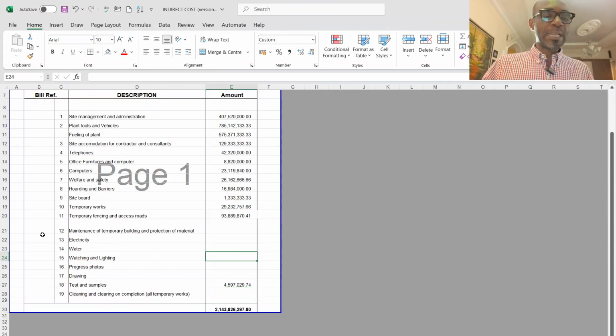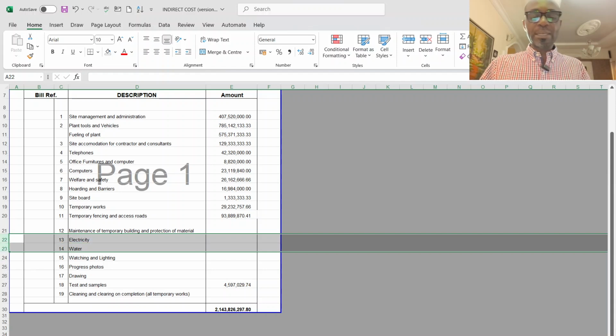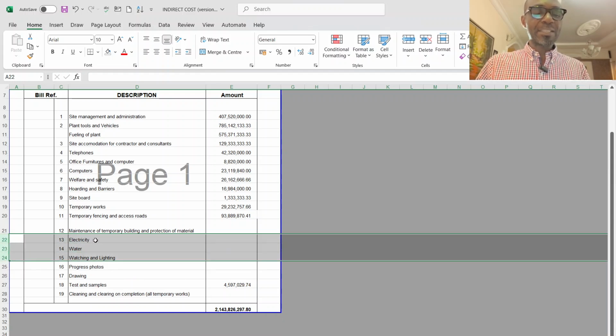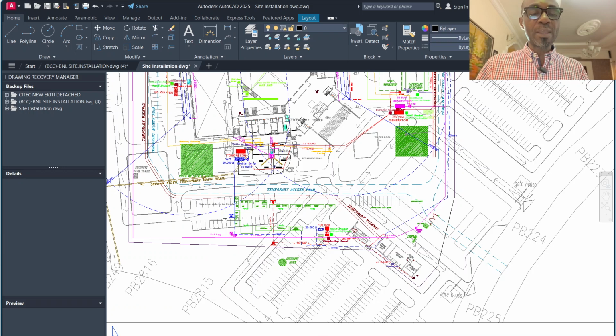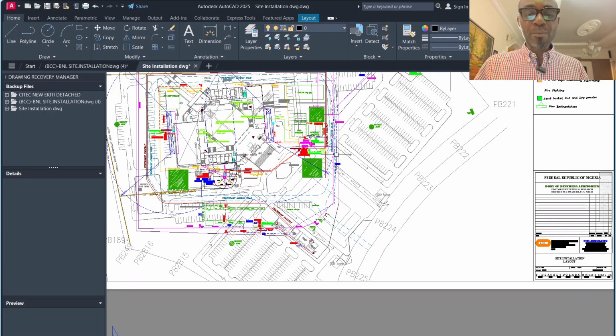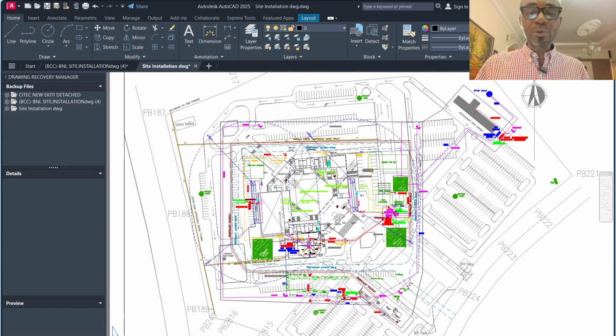So like the electrical, the water, and the wiring and lighting, I guess my explanation has accounted for this. But if you want me to run over it again, for me to get my wiring and lighting, I go here, this cable running all through for the lighting marks and the locations, because usually on the cranes, at the top level of the cranes, some halogens are placed there.